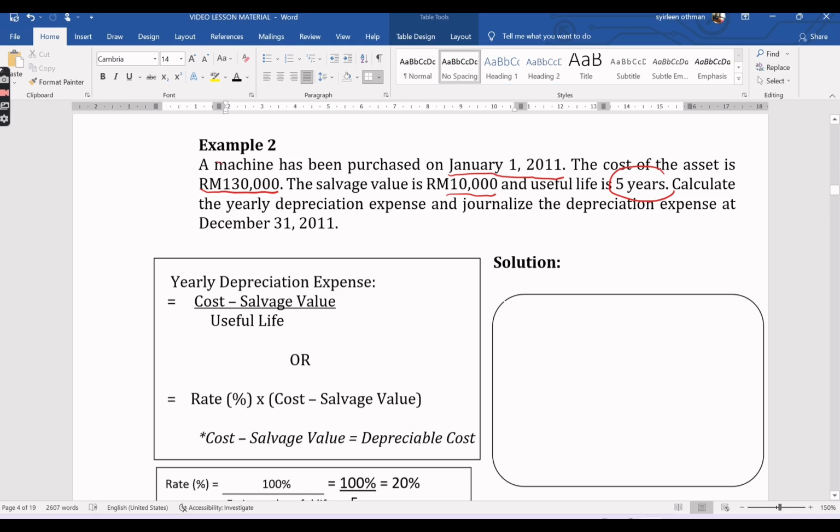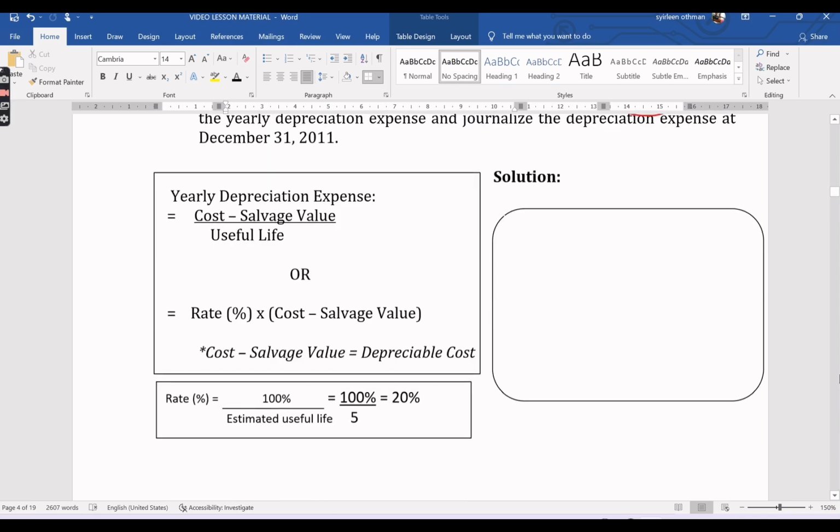Certain questions give you this kind of information, and certain questions give you the rate of depreciation as a percentage. The rate is multiplied with the cost of the asset after deduction of the salvage value. If the salvage value is given in the question, we must first deduct it to get the value after deduction, and only then multiply with the rate given.